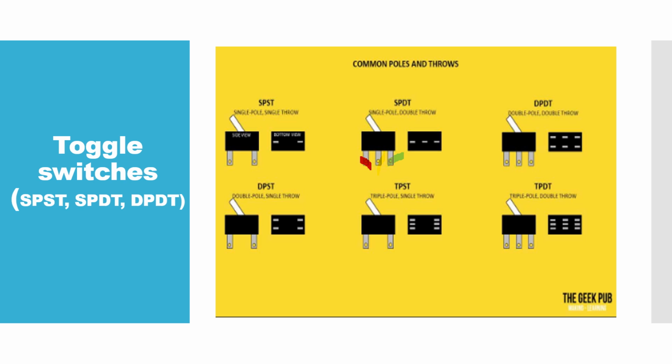Now definitely the middle will be your common, so this one gives load to, and when this one gives, once this is toggled this way, it connects this together, and once you toggle to the other side, it connects this together. So that is how all these things work.